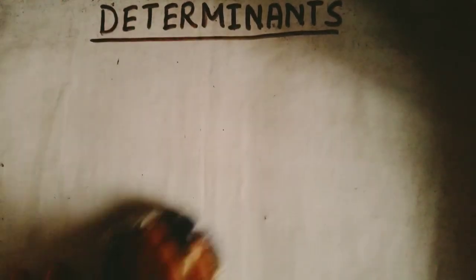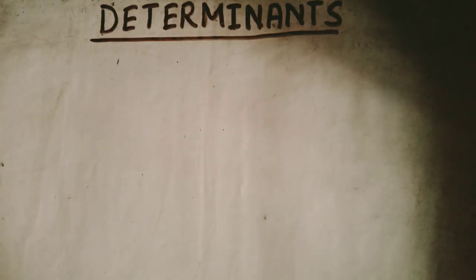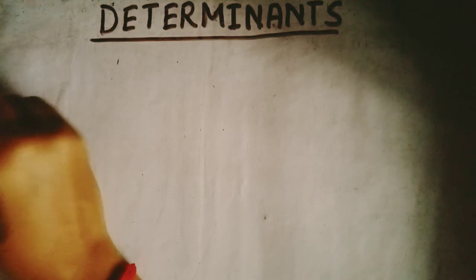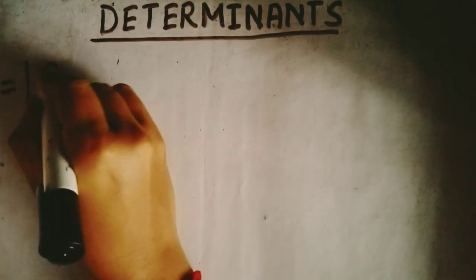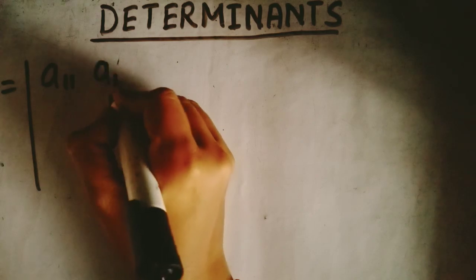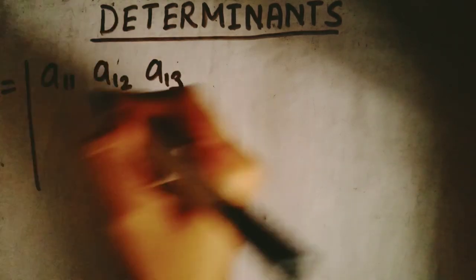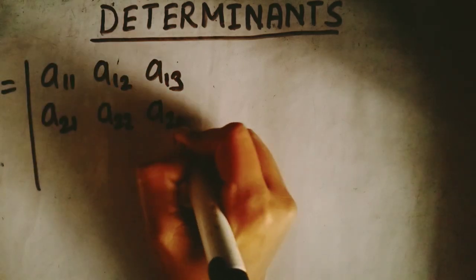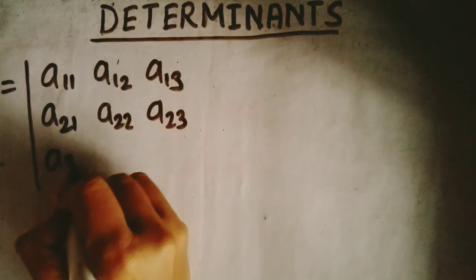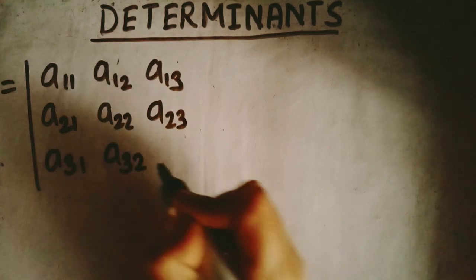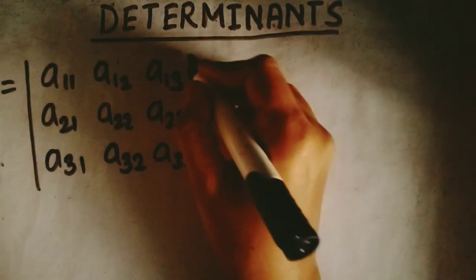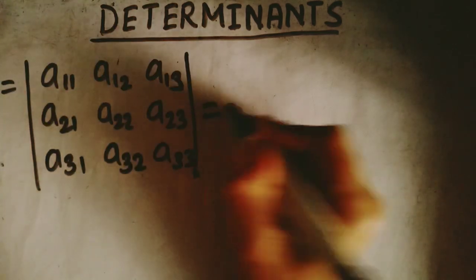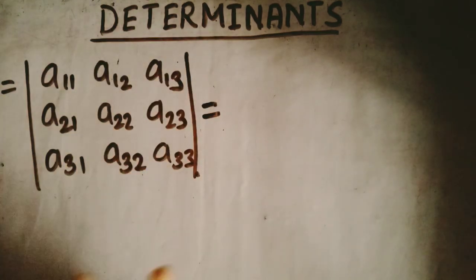Now let's write the determinant of a 3 by 3 matrix. So if you have a 3 by 3 matrix, A11, A12, A13, A21, A22, A23, A31, A32, A33, now its determinant is given by, first you have to look for the signs.